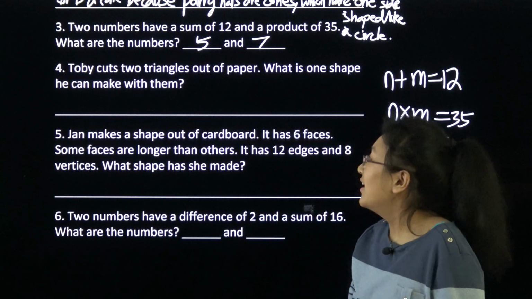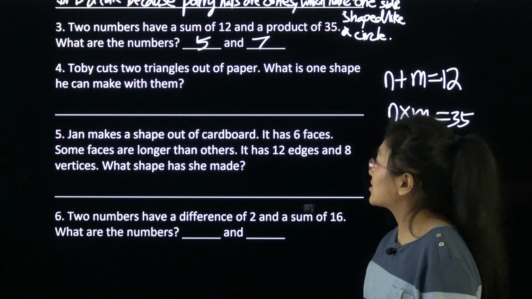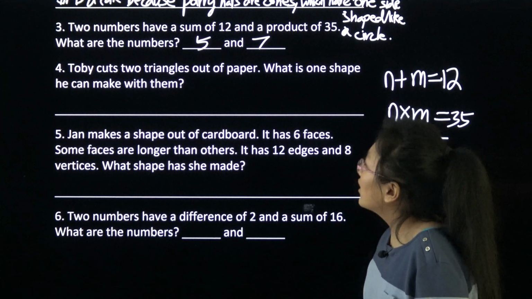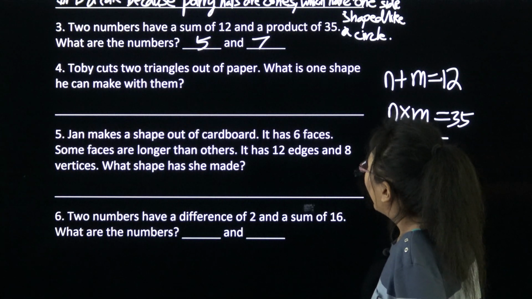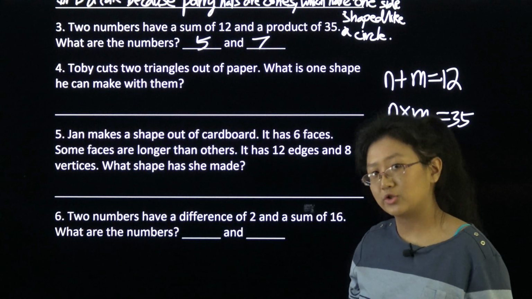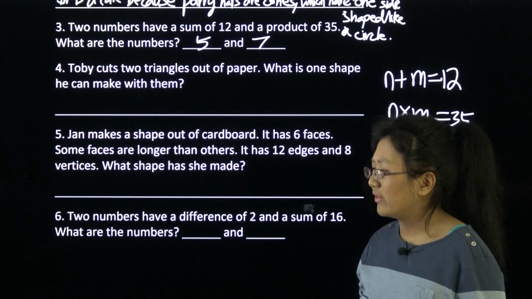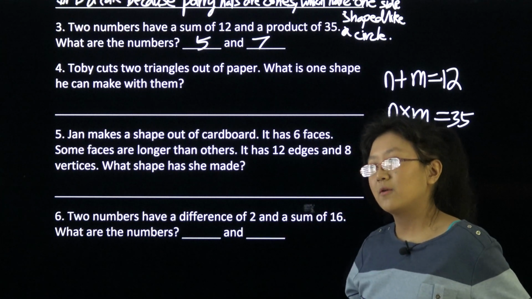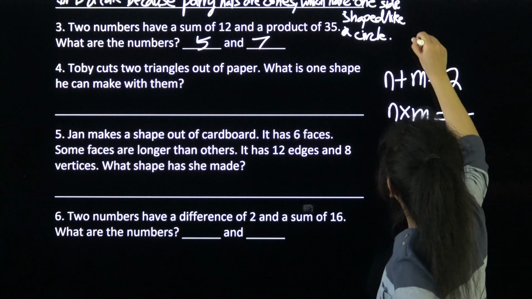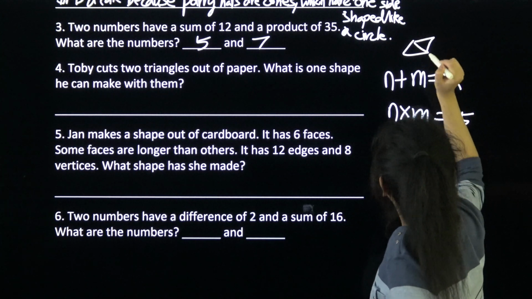We're done that. Toby cuts 2 triangles, this is question number 4, out of paper. What is one shape he can make with them? Now, you can act this out, or you could draw it. But the efficient way would be remembering that a few sections before, we learned that 2 triangles can make a parallelogram.